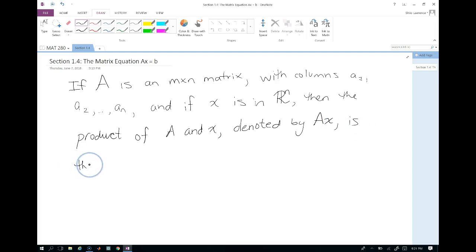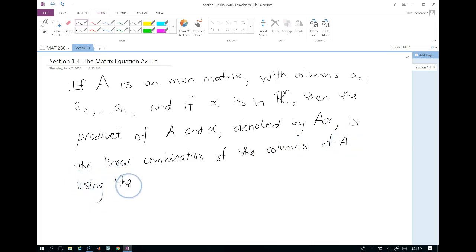This is the linear combination of the columns of A using the corresponding entries in x as weights.